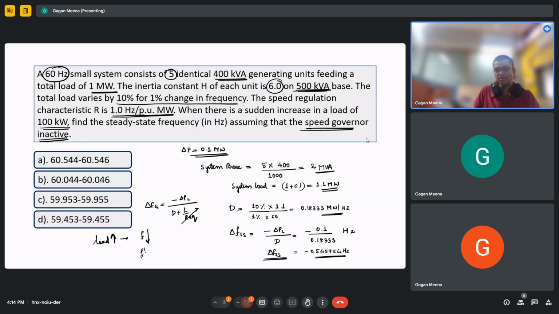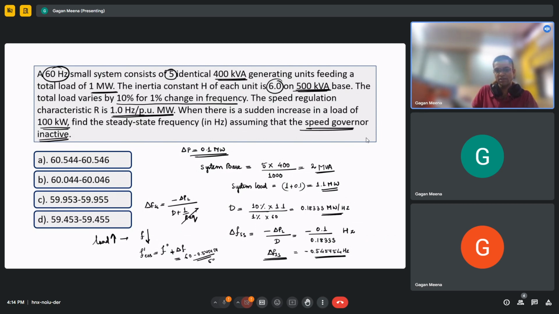So new steady state frequency is equal to old frequency plus delta f, and delta f here is negative. So it is 60 minus 0.545454.